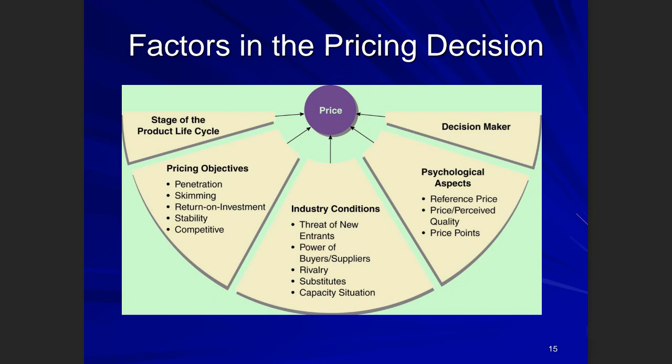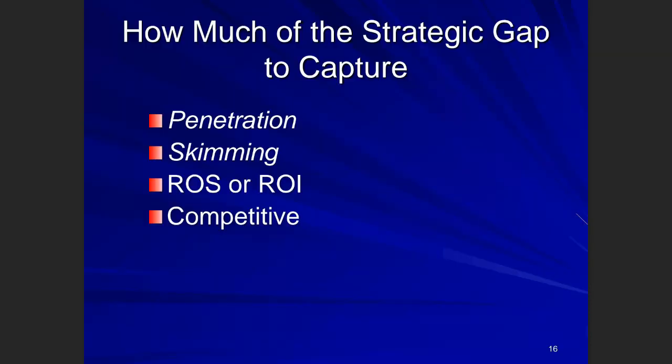So as we look at some of these pricing objectives that are very important, we can look at initially two major aspects here, and that is penetration and skimming. And when we look at penetration, what's penetration all about? Well, penetration is basically, at its core, pricing low, relatively speaking.